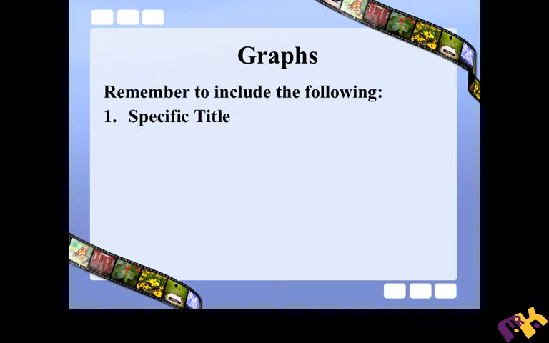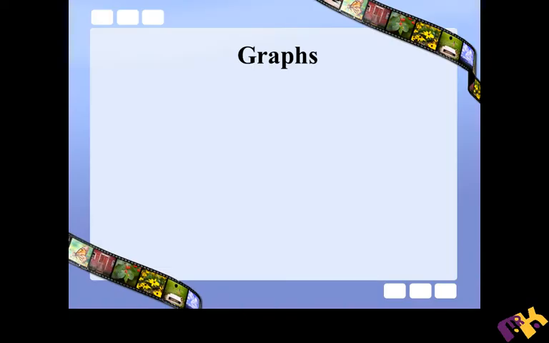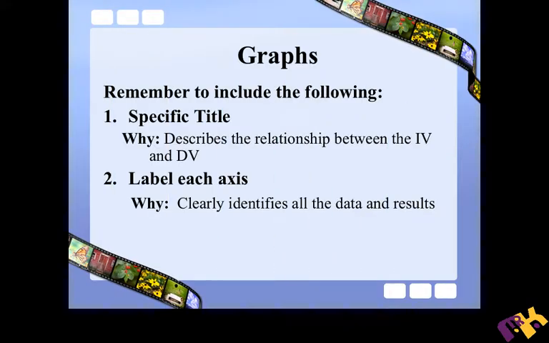Right? Graphs. Remember that when we're working with graphs, we're going to have a specific title. We're going to show the relationship between the IV and the DV, very much what we do with our hypotheses. And we make sure we label each axis. Why do we do that? Because it will help us identify the data and the results.